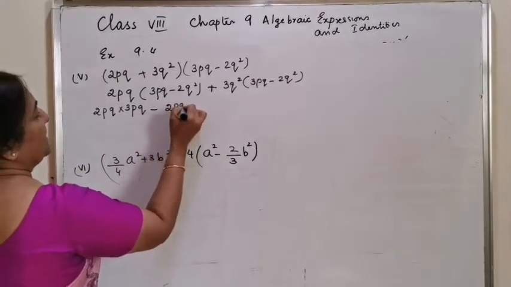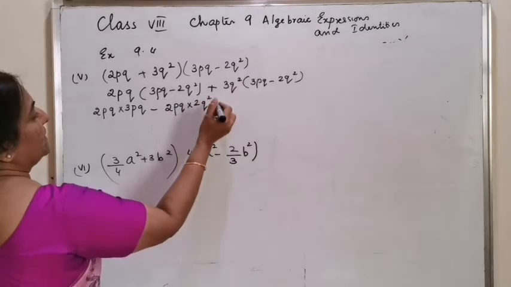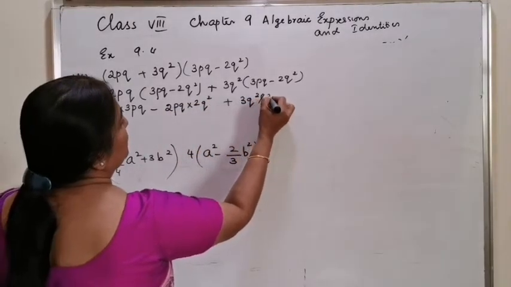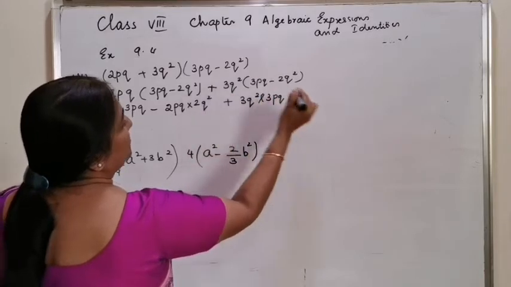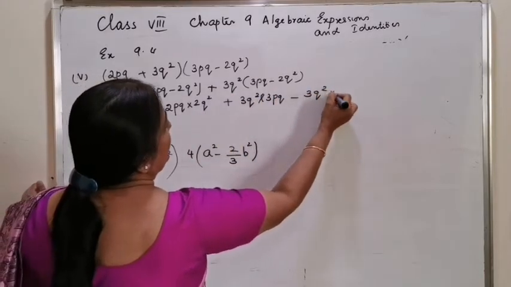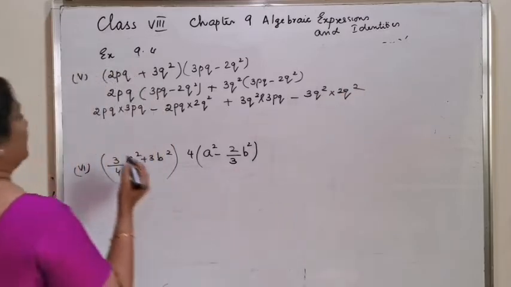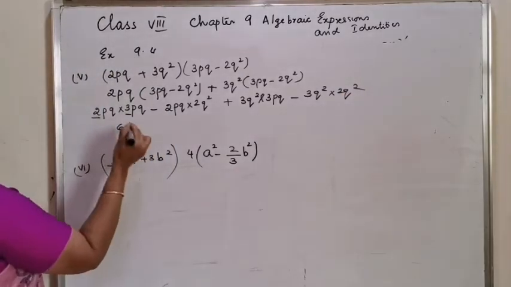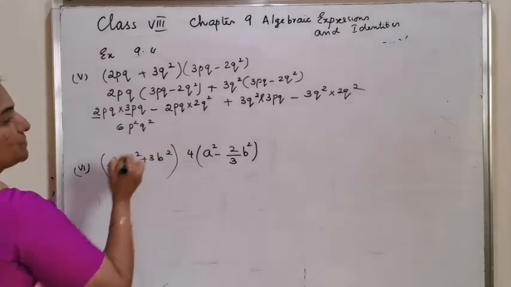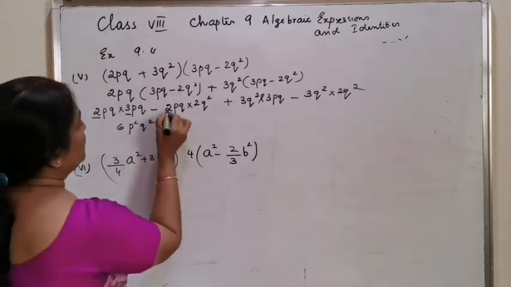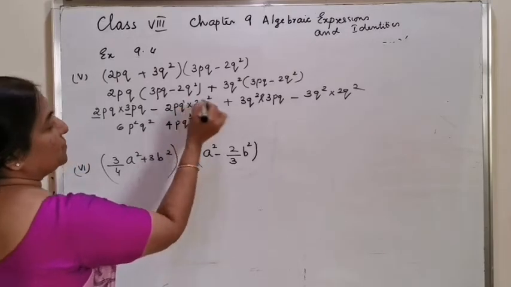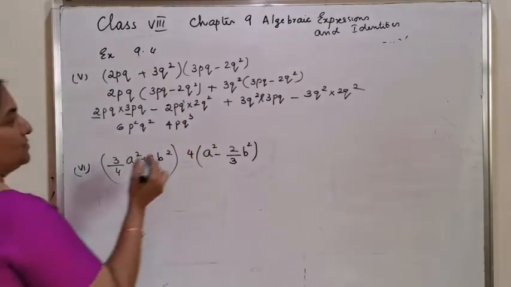Minus 2PQ into 2Q square, plus 3Q square into 3PQ, plus into minus is minus 3Q square into 2Q square. 2 into 3, 6. PQ into PQ is P square Q square. Next, 2 into 2, 4. P Q cubed, because Q is to the power of 1 and Q square.